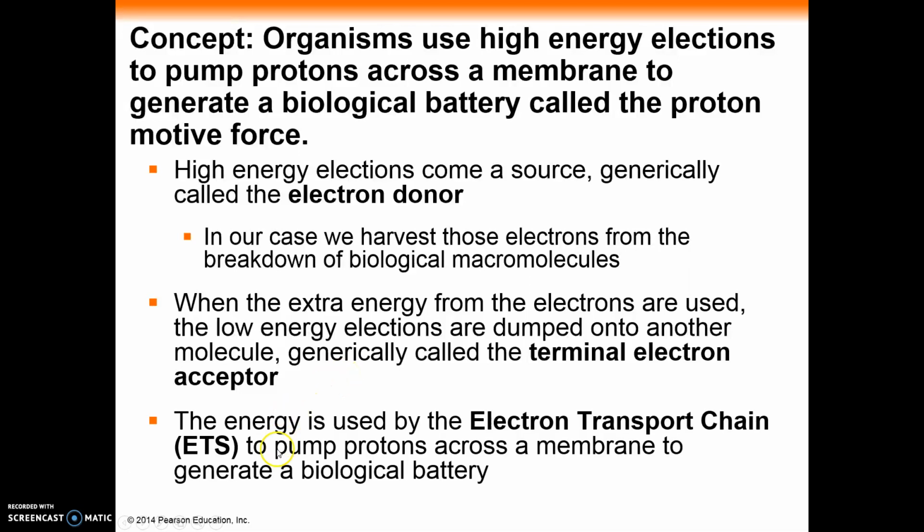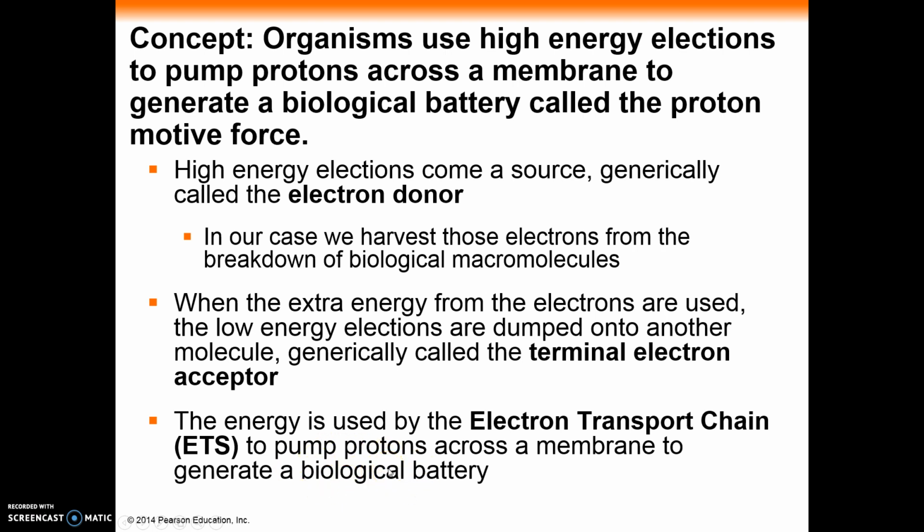And finally, the energy that is gleaned from this is used by something called the electron transport chain. And what it uses the energy for is to pump protons across a membrane. And this generates a biological battery.